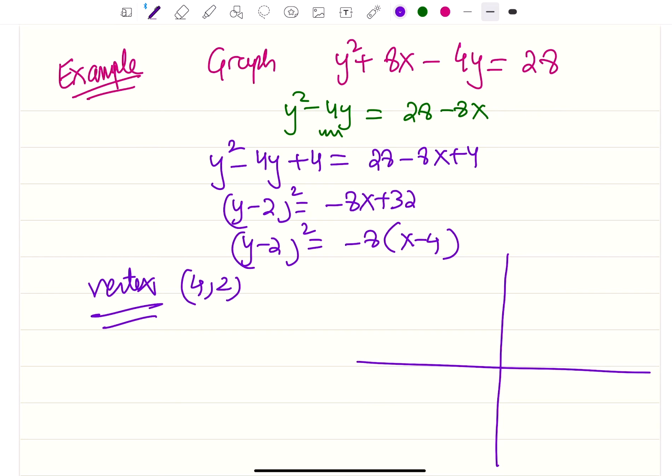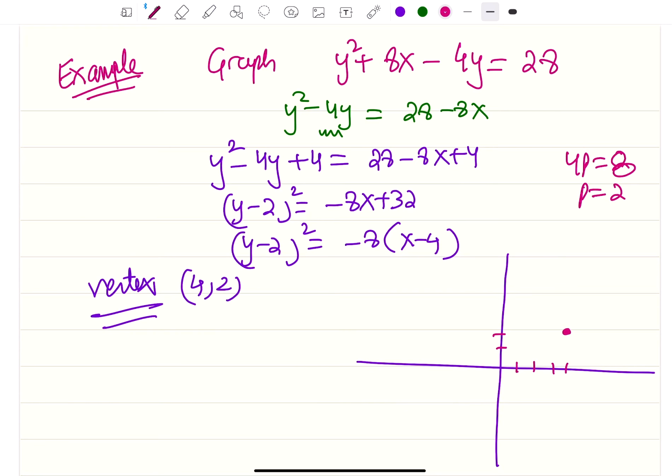And this parabola opens to the left. The vertex is at 4 and 2. X is 4, y is 2. And the parabola opens to the left. And p is equal to 2 here, because 4p is 8, p is 2.